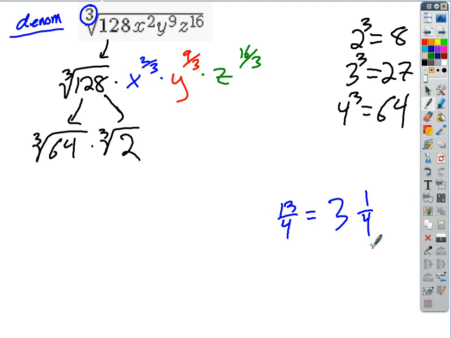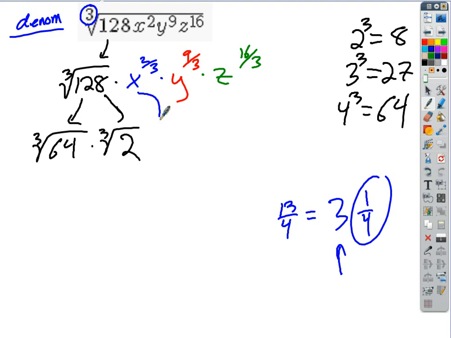That's a mixed number. Now when we take these fractional powers and we write them as mixed numbers, the advantage of that is that the integer part is the power that goes outside of the radical, and then this is the part that's going to be left inside the radical, right? So x to the 2/3, well, as a mixed number, just stays x to the 2/3. 3 doesn't even go into 2, right?